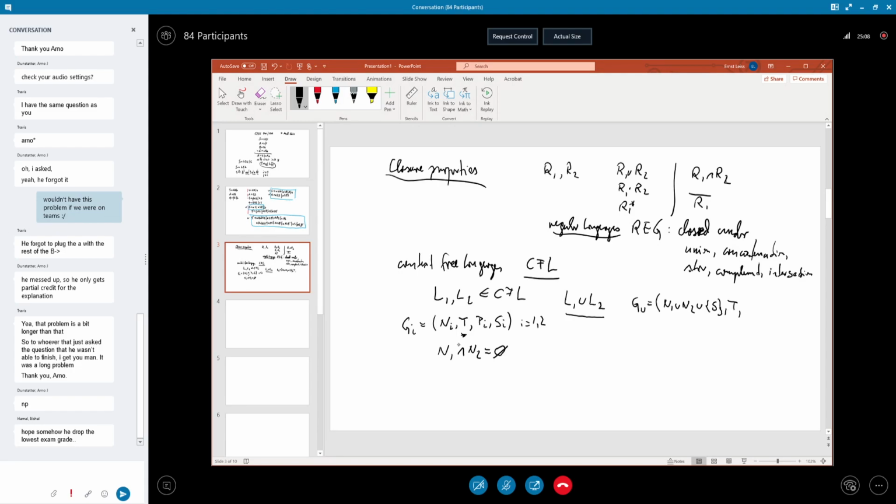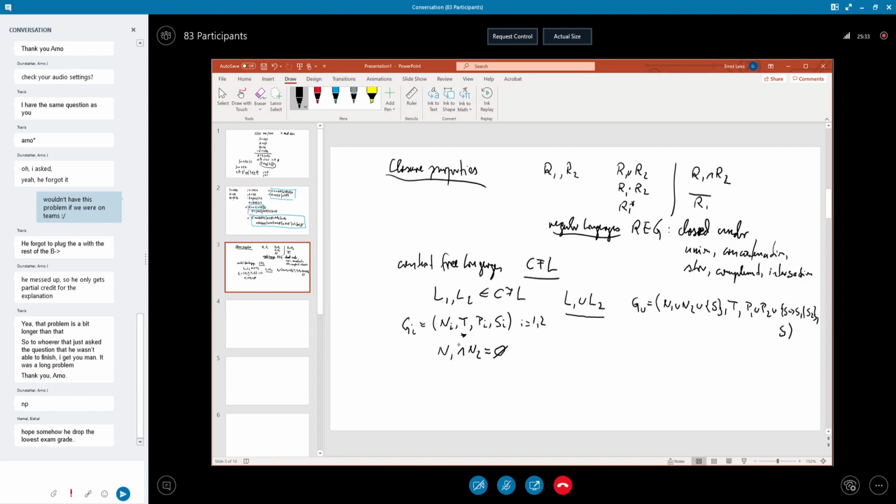T, of course, is the same. P1 union P2 union S goes to S1 or S2, and then the starting symbol of that new grammar is S.